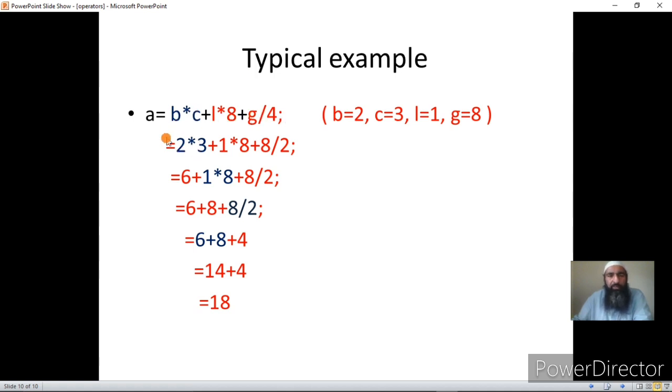First 2 into 3 will be done. Once this is computed as 6, then 1 into 8 will be done, and once this is computed as 8, then this division operation will be done, and the two additions remain. Again, these two additions have the same precedence, so the leftmost will be done first, then the rightmost, and I get the final result.